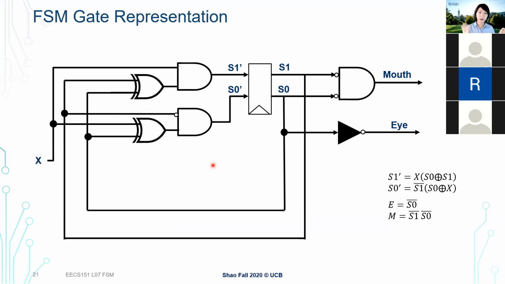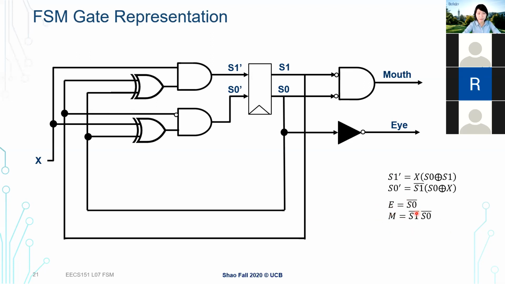Right, so that's 3 parts: storage element registers, and 2 combinational logic blocks to compute the next state and the output. So here we start from here. This is our Boolean expression of the next state. We use S0 prime and S1 prime to represent the next state, and also the output, how we have different output based on the different input.